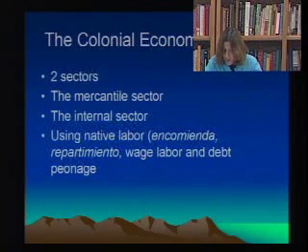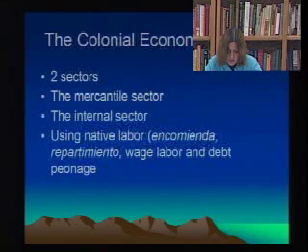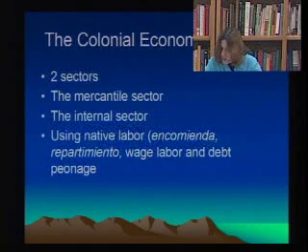But in the Caribbean, the term encomienda began to serve as a sort of cover through which raids, capture, and what was virtually slave labor continued.